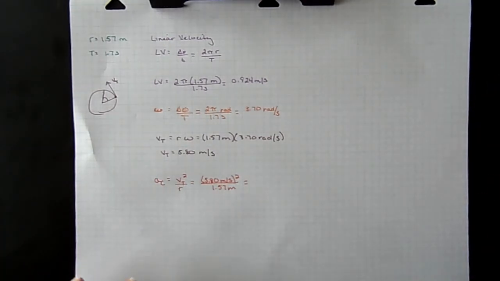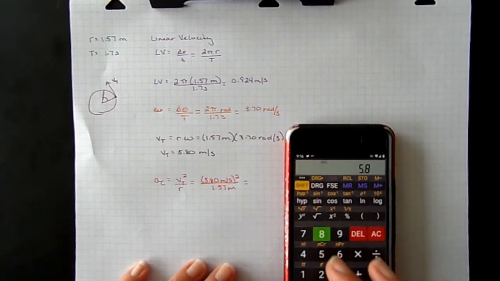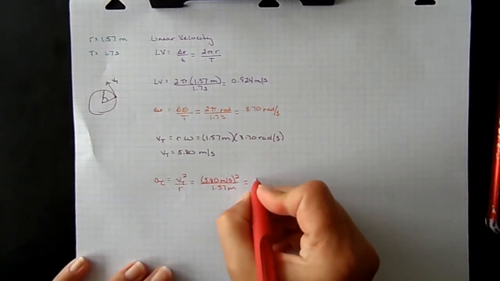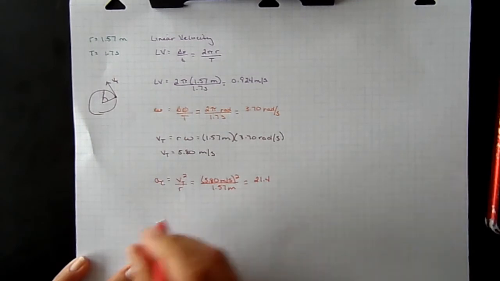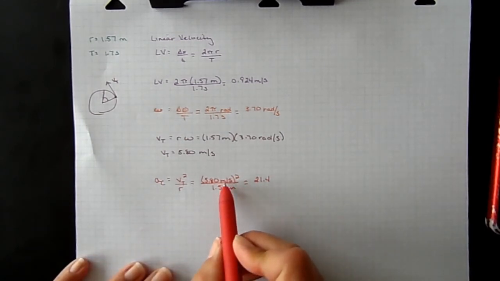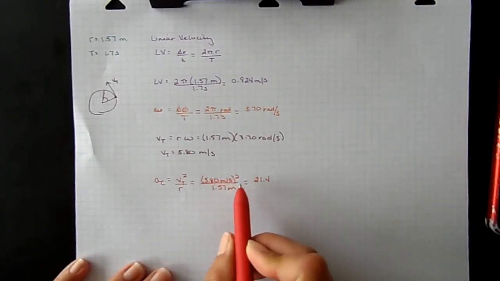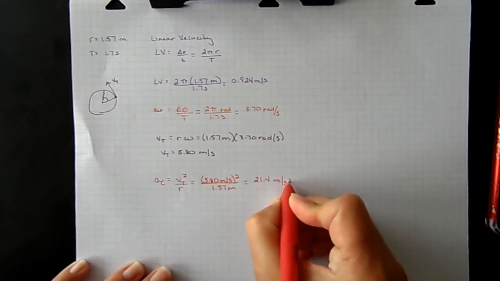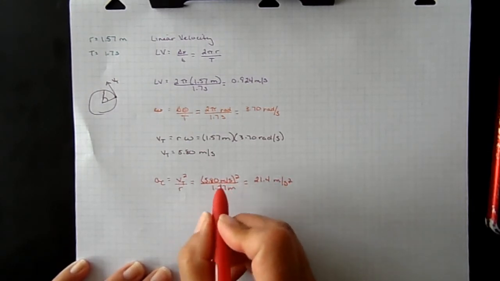Oh, I didn't square it. 5.8 squared. Don't forget to square. Divided by 1.57. There we go. So 21.4. And we have a meter squared over second squared, and then we have a meter down here. So this is going to end up being meters per second squared, as one of these meters will cancel out.